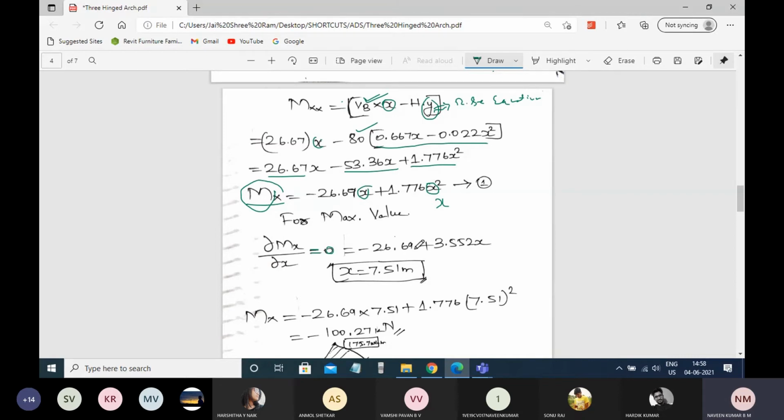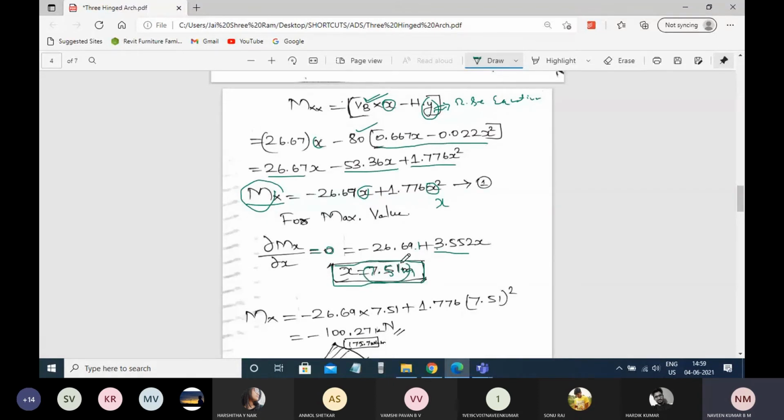Differentiation of x will be 1, so minus 26.69 times 1, and the differentiation of x square will be 2 times x, so 2 times 1.776, that is 3.552x, equals 0. Now you can easily find the x value, that is x equals 7.51 meter. That means at a distance of 7.51 meter from the right support, you will get the maximum moment.